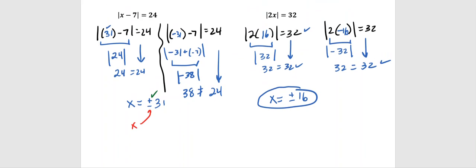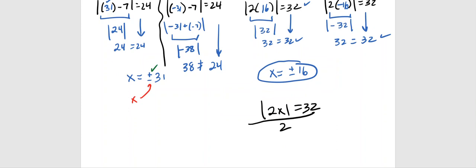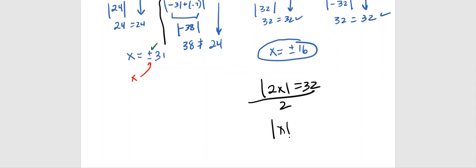So the way that I saw a lot of you solving this type of equation is you simply divide it by 2, and then you said the absolute value of x equals 16, and then based on what you got out of the video, you just said, oh, well, if some number is 16 away from 0, then x is either positive or negative 16.